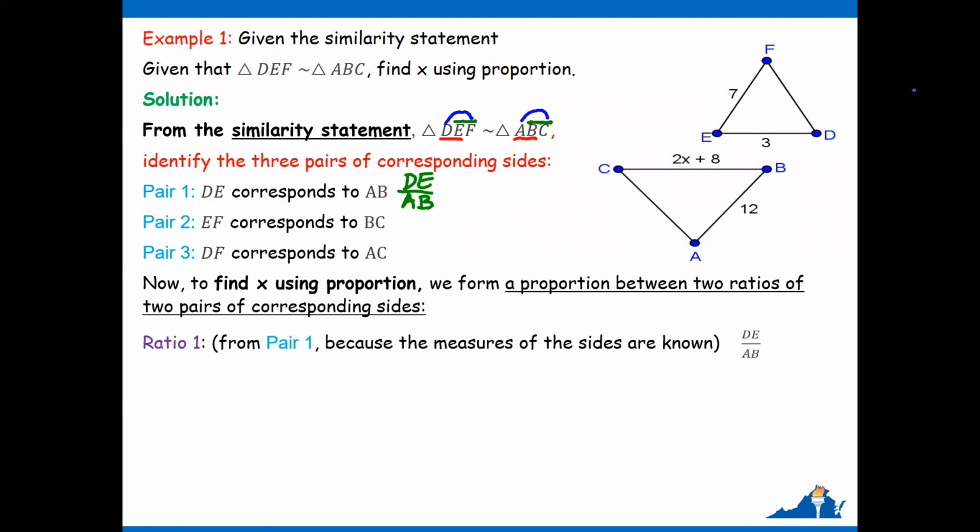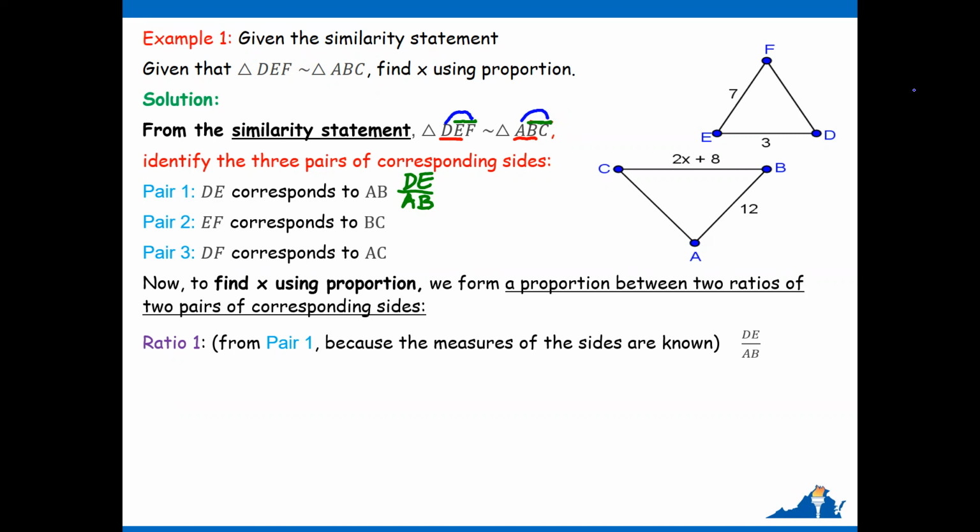Why? Because the measures of the sides are known. DE is 3, AB is 12. So from there, we come up with a ratio which is known. Then to choose another pair, we look at where we want to arrive.